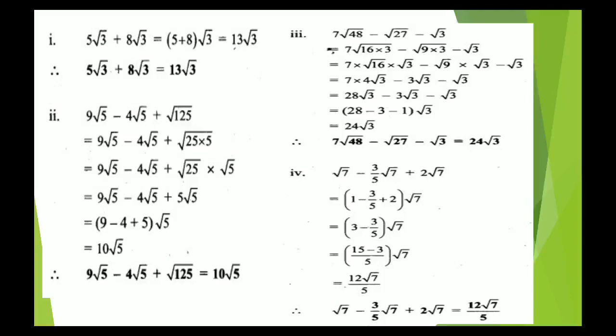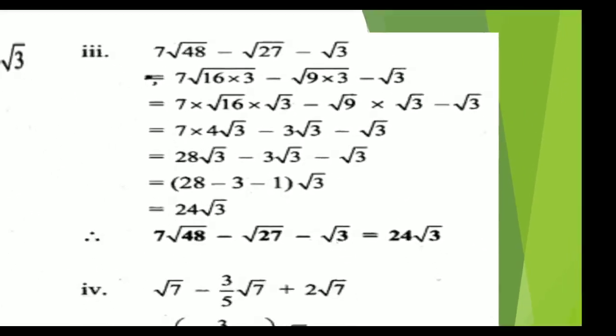Now question number 3. 7 root 48 minus root 27 minus root 3. If we see, the order of the surds are equal but the radicand are different. What can we do? We have to simplify the given surds.